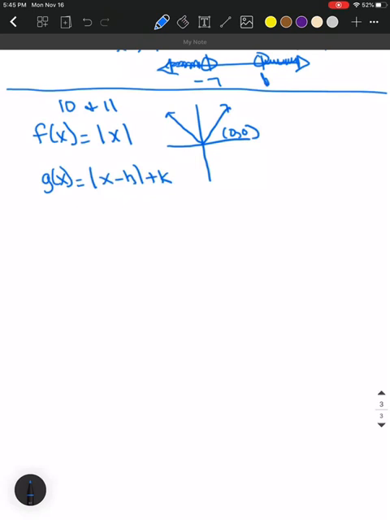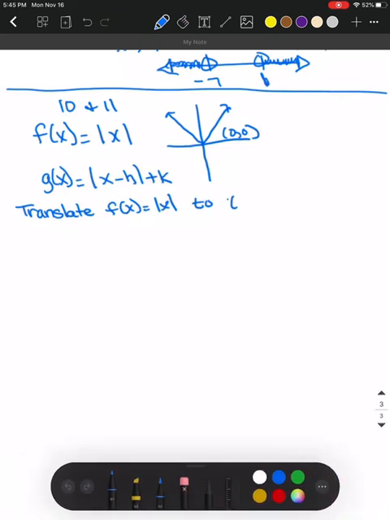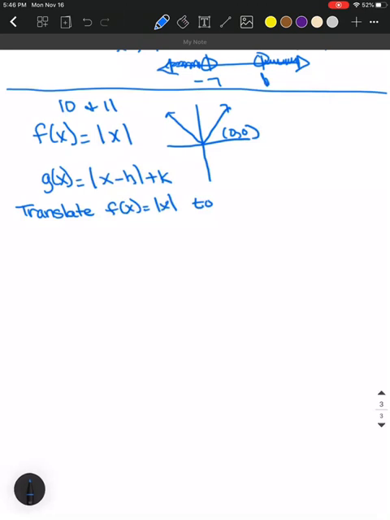So our job for number 10 is to translate the absolute value function f of x, which is the absolute value of x, to a new vertex of, let me make sure that this is our vertex, to vertex -5, -3.